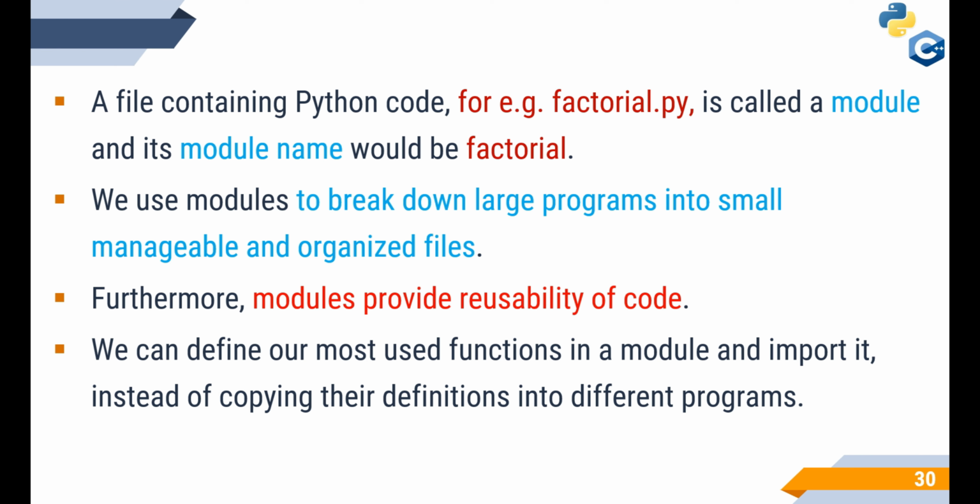We use modules to break down large programs into small, manageable and organized files. Furthermore, modules provide reusability of code. We can define our most used functions in a module and import it instead of copying their definitions into different programs.